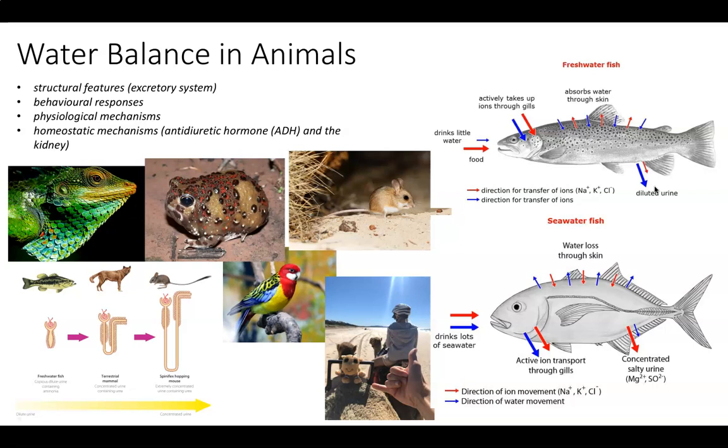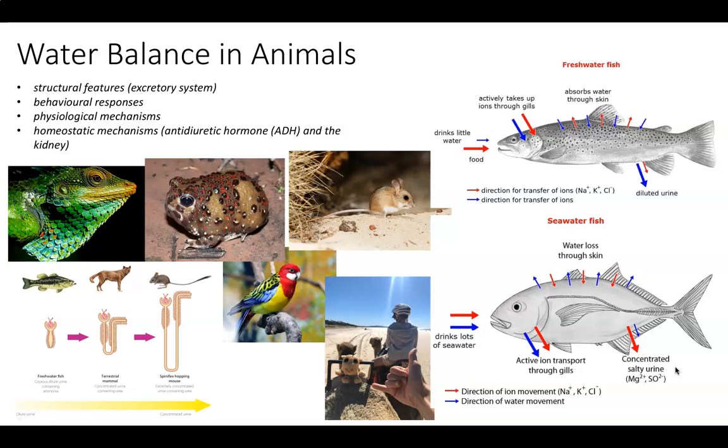Easy way to remember it is water follows salt. So the water is going to flow from the fish to the outside environment. So what do they have to do? Their behavior, their choices, they have to drink lots of water to stay hydrated. And they don't want to lose much, so they excrete actually very, very concentrated salty urine. They also lose water through their skin and through their gills.